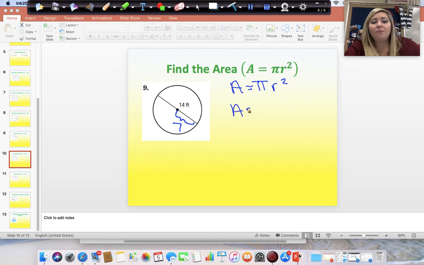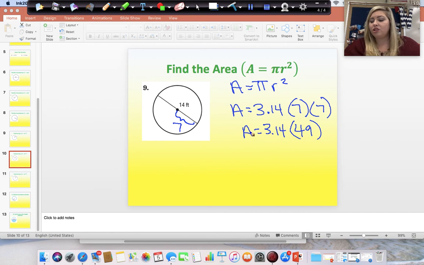So when we put area equals 3.14 times our radius squared, it's going to be 7 squared, or 7 times 7. Okay, so 7 times 7 is 49, so now we need to multiply 49 times 3.14, and that is going to give us our area. So area is equal to 3.14 times 49, which gives us 153.86.